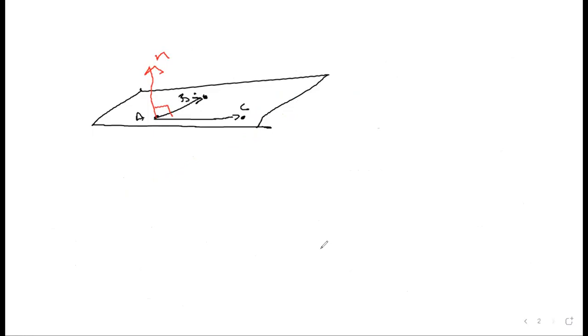All right. So I need to find a vector perpendicular to the plane. But I have A, B, and C. So I can find the vector AB.